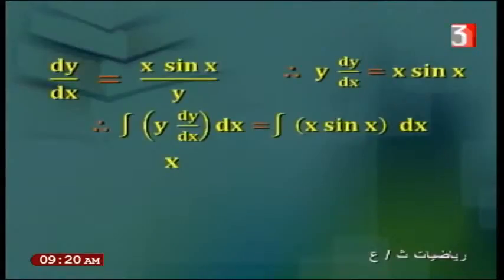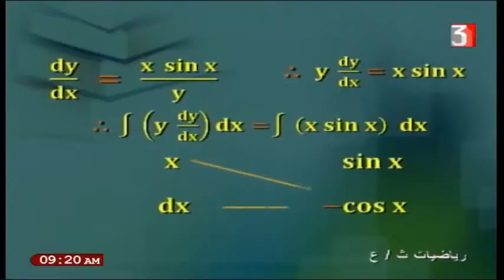Let x and sine x be the two parts of the function. Differentiating x, we have dx, and the integration of sine x gives negative cosine x. Then x multiply negative cosine x minus integration negative cosine x dx.